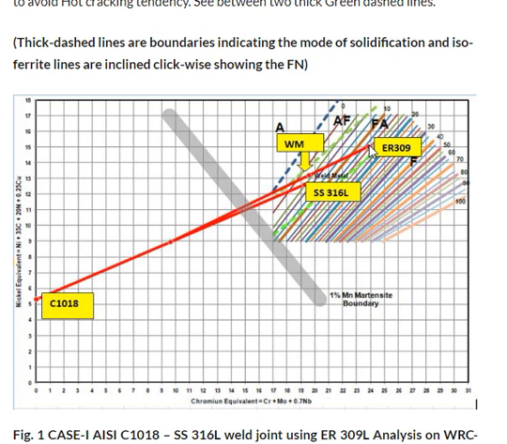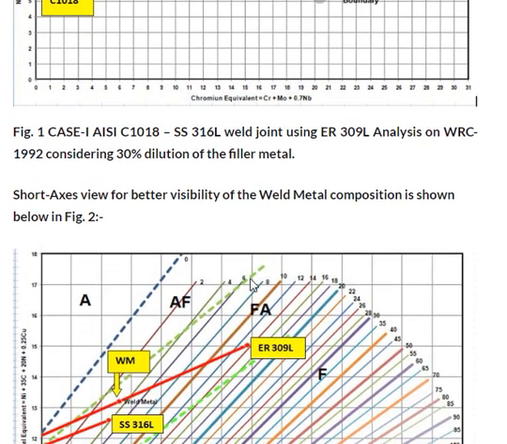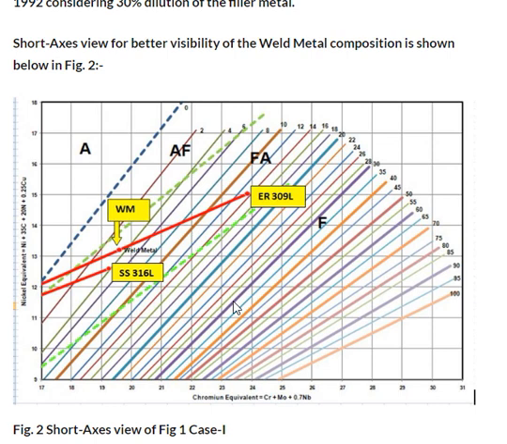When we consider 30 percent dilution, say from this point, we can come to a weld metal composition. When we plot these two base metals, we need to connect this 309L to the midpoint, because we assume 50-50 percent from each base metal. Here you can look at the short axis view for better visibility of the weld metal composition in this figure.